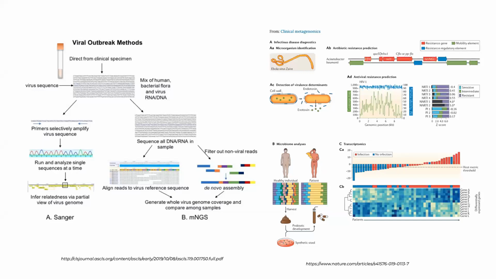And so once we find those non-host reads that are present in a sample, we can then analyze those for what types of viruses and how the virus genome is covered.